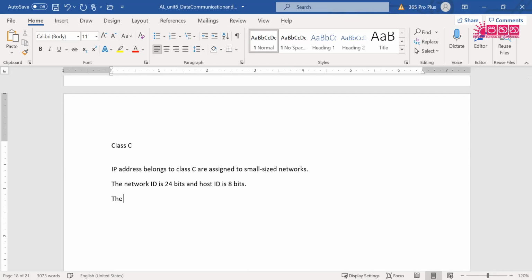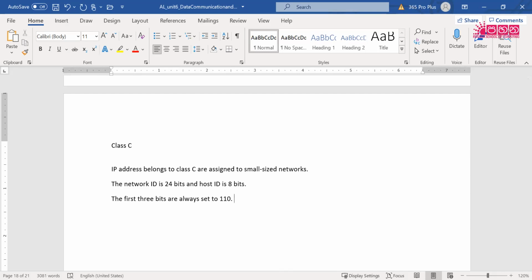So the first 3 bits, in this case, first 3 bits are always set to 110. So not like in earlier. So this time it's 110, right? So that means 3 bits gone out of 24 for the network.